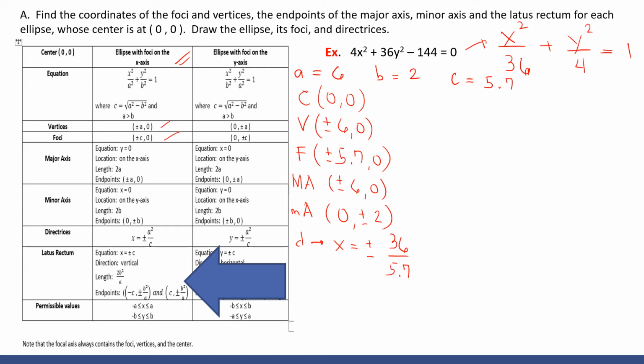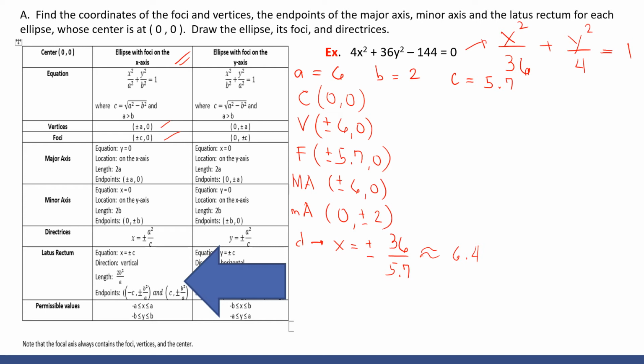Mamaya, alamin natin kung ano ba yung 36 divided by 4 square root of 2. So, 36 divided by 4 square root of 2 is about 6.4. Approximately, this is 6.4.